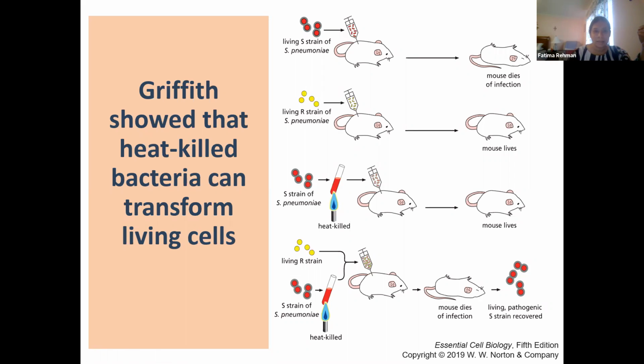Does that make sense? Like it can't go in the mouse's cells and cause it to turn into an infectious bacteria, because those cells can't do that. But it can go inside a living R strain cell and turn that one into a virulent kind.